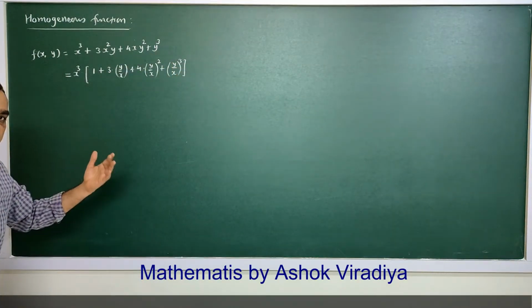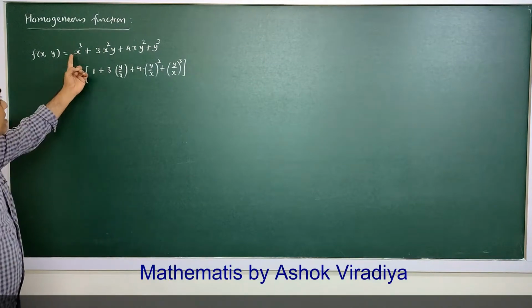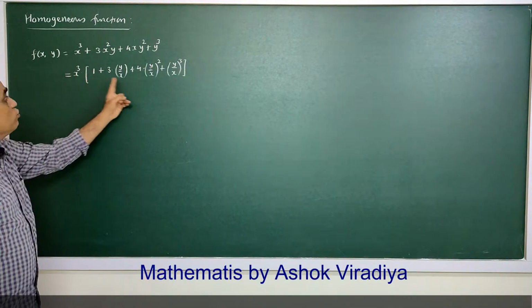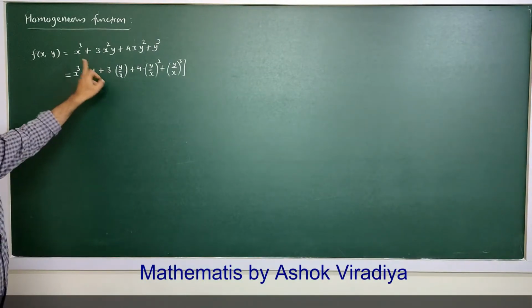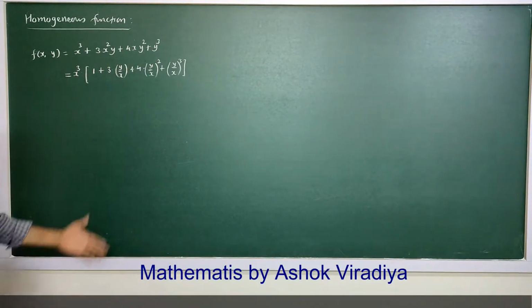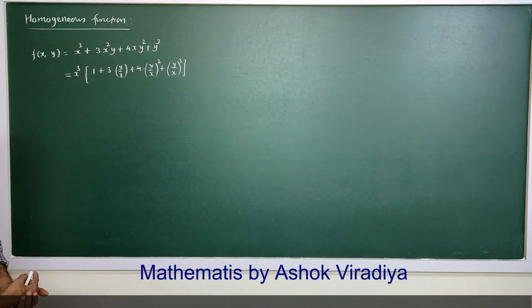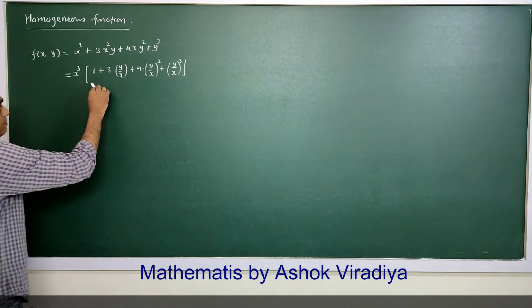In short, we can say this as dividing by x cube and multiplying by x cube. So we are getting this expression. Now look here.